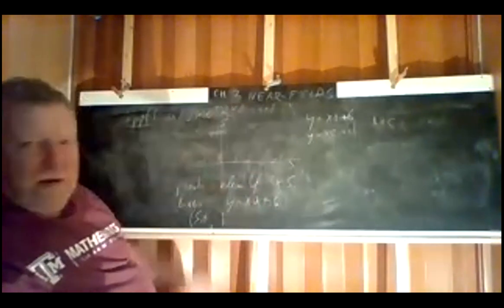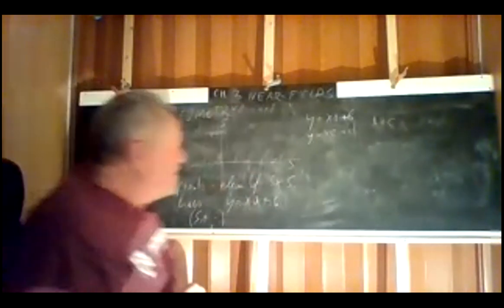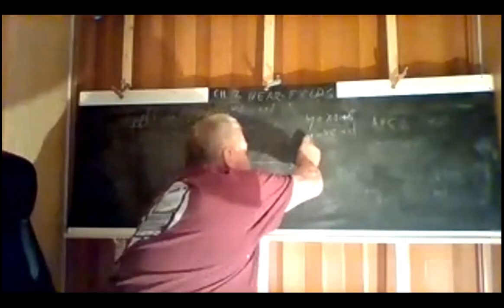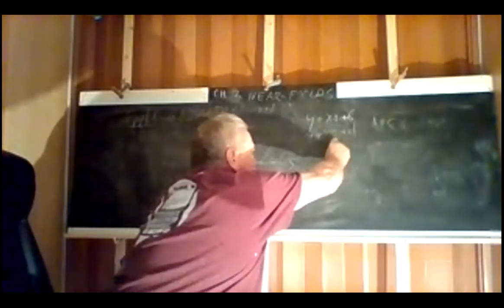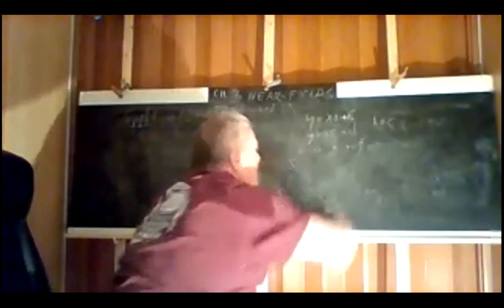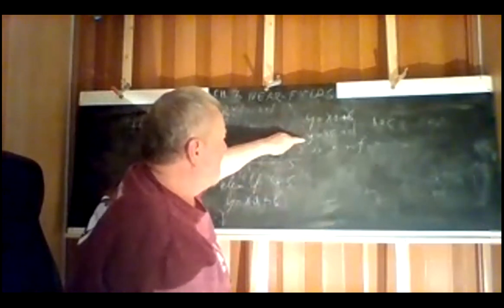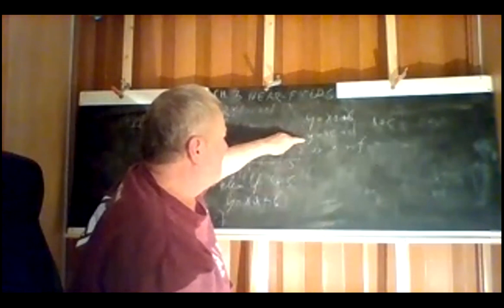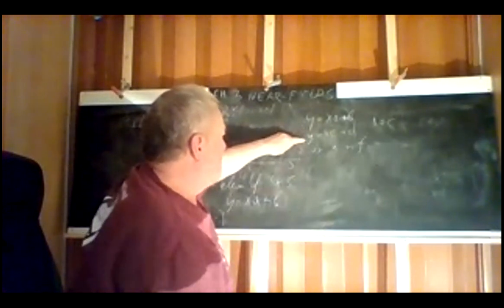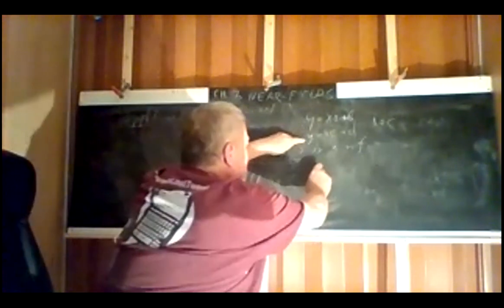What can we do in the case of near fields? So suppose that S is a near field. Well, we can subtract these two things to get a unique point of intersection, and you'll get 0 here.